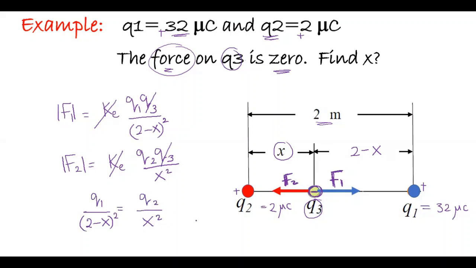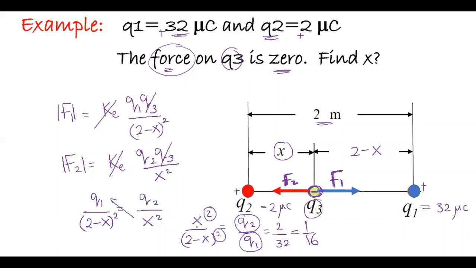Let's collect the terms with x on one side. Okay, we will have x squared divided by 2 minus x squared equals Q2 over Q1. Okay, we can substitute here. We have Q2 equals 2. We have Q1 equals 32. This will give 1 over 16. Then we have a square here and a square here.